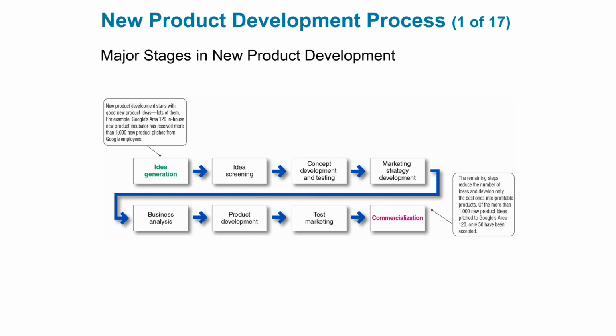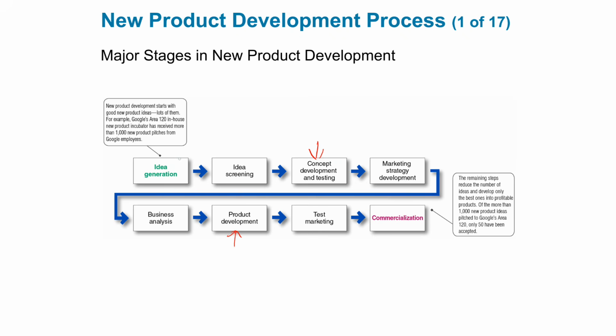And of course, with a slight change, you see that the stages are more or less the same, the sequence is the same, but in some books we don't have, for example, concept development. In some books we also don't have other stages. For example, they directly switch into business analysis and product development, and the product development has a different name in different books, which I'm going to tell you.